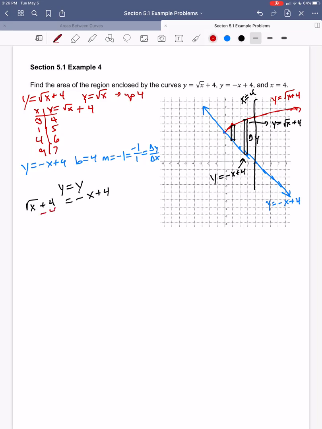So I'd probably subtract 4 from both sides. So that would tell me square root of x equals negative x. Then I would square both sides. Negative x squared, negative times negative is positive. Subtract x from both sides and factor out an x.